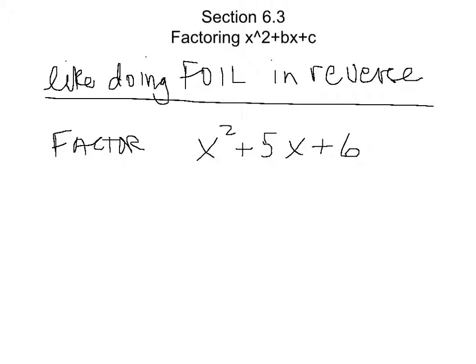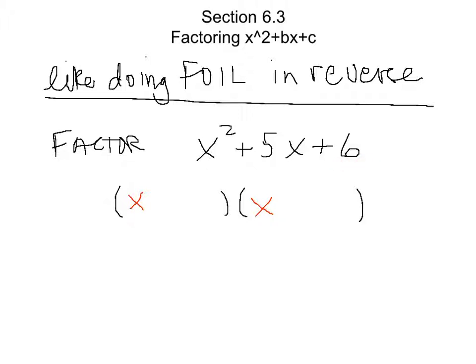Now, it's a trinomial, and we got a trinomial, if you remember, by multiplying two binomials together. So the way this is going to work is, first we think about the x squared term. To get x squared, I need an x and an x. Now I'm going to think about how I'm going to get a 6.